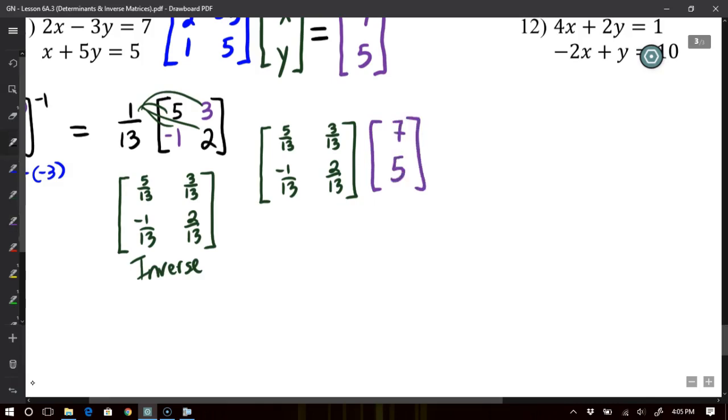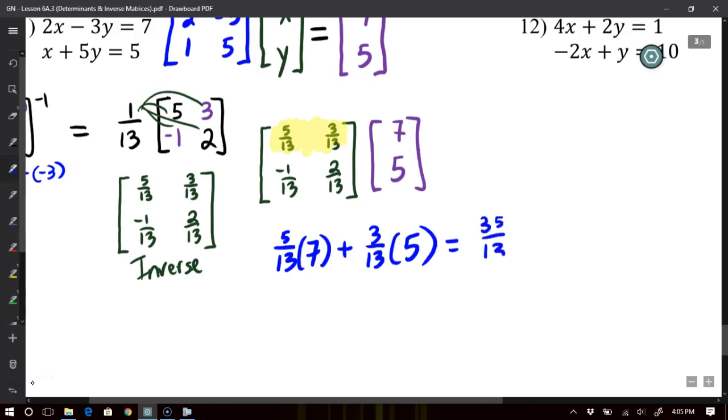So in this case, row to column, the 5 over 13 gets multiplied to the 7, plus 3 over 13 gets multiplied to the 5. That's going to give me 35 over 13 plus 15 over 13, which in this case gives me 50 over 13.